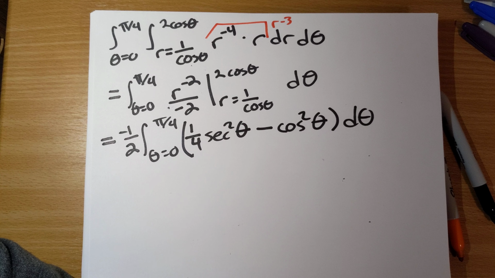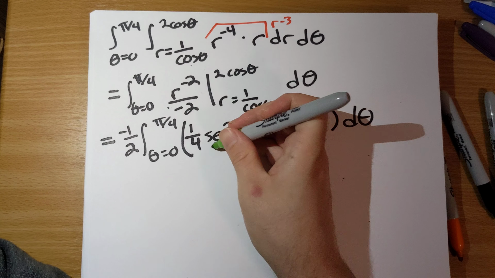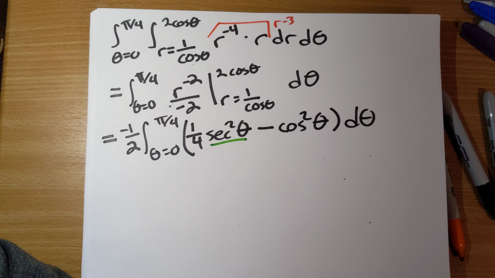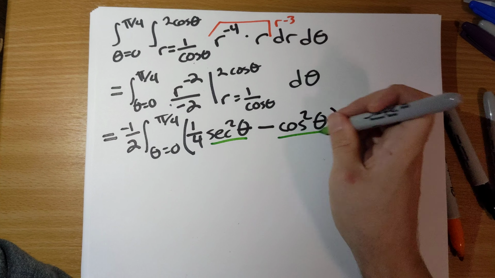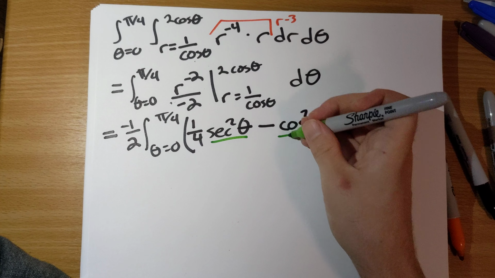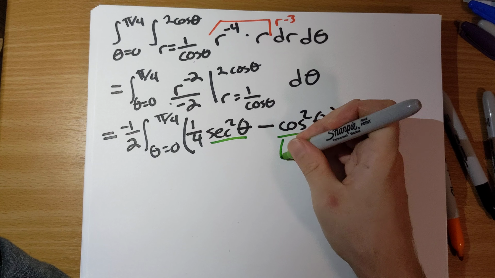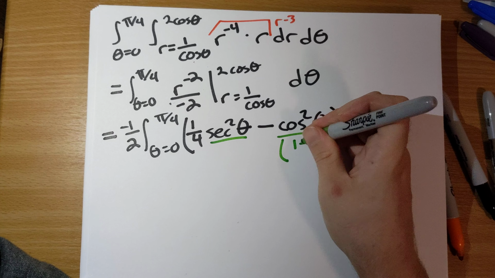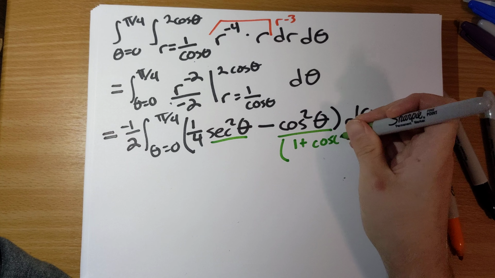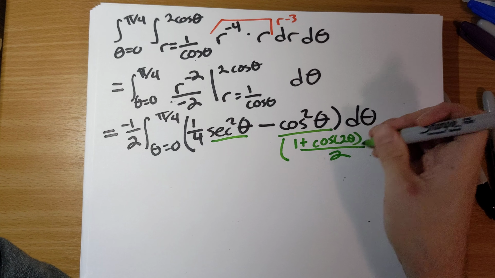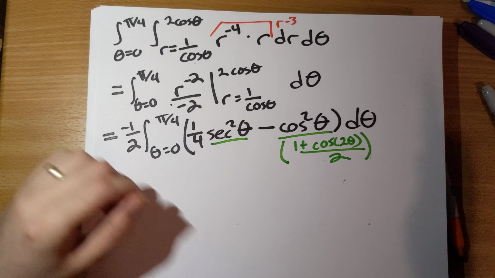Okay, one variable integration should be pretty straightforward for us. Of course, the antiderivative of secant squared theta is tangent theta, so that will be nice. As for cosine squared theta, we just need to replace cosine squared theta with (1 plus cosine of 2 theta) over 2. This will allow us to perform the integration.